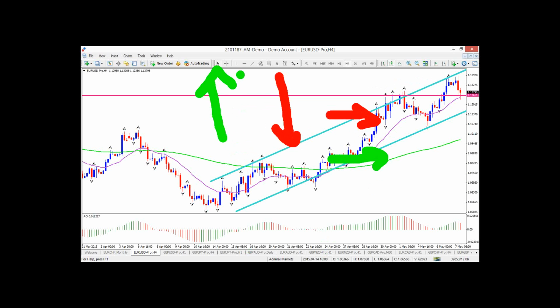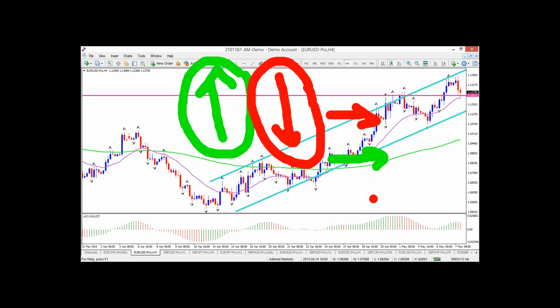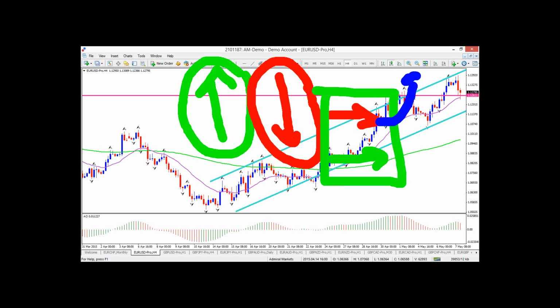And the best ones, of course, are bullish momentums with a trend, bearish momentums with a trend, and these corrections are typically best if traded, if possible, with the trend as well.